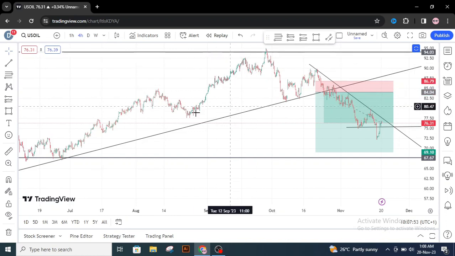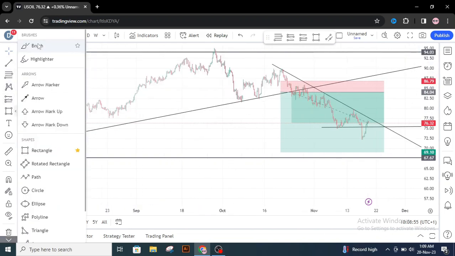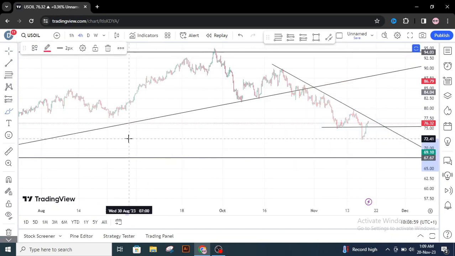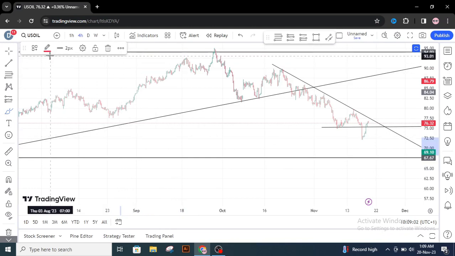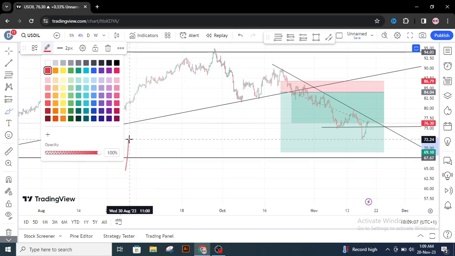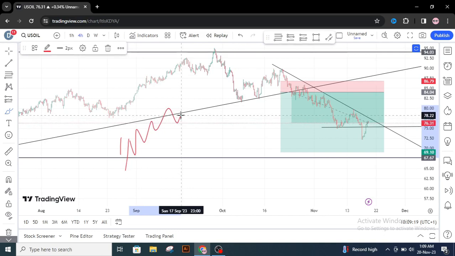Now, apart from the head and shoulder pattern, another pattern that I trade is, let me show you the second pattern. Let's say for example, the market is making higher high, higher low, higher high, higher low, higher high, just trending up, and then all of a sudden, instead of making another higher high, it forms a kind of double bottom like this.